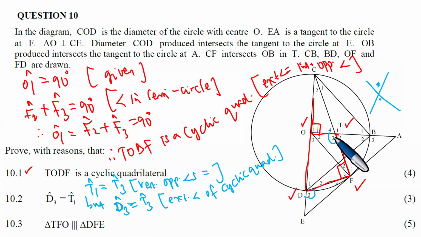So D3 is equal to T3. As a conclusion, T3 is equal to T1, but T3 is equal to D3, which means that the angle T1 is equal to the angle D3.